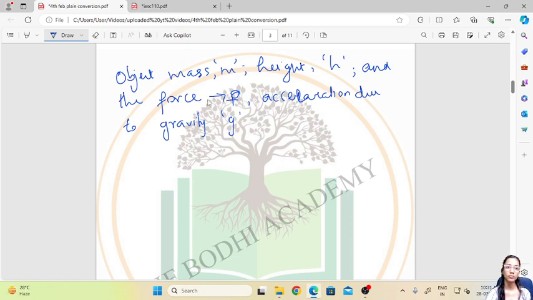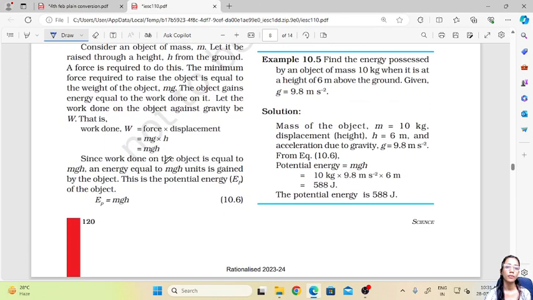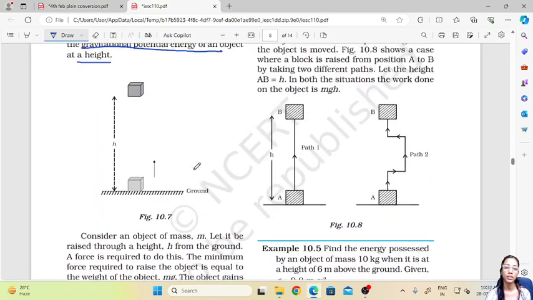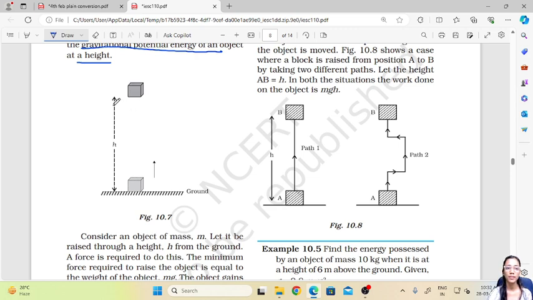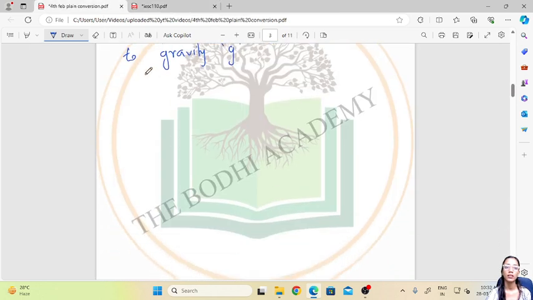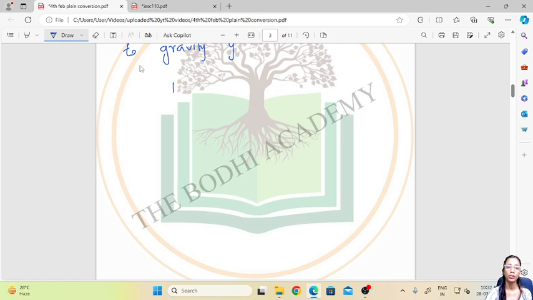Since the object is raised to a height h, has mass m, and the force acting on it is F, if I have to find out the work done on the object, then work done is given by W, right?